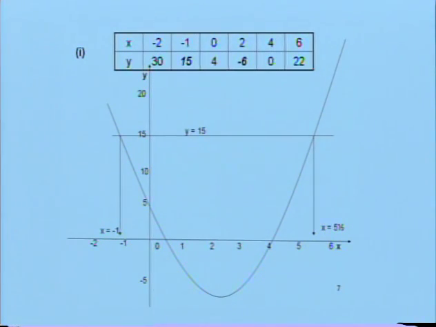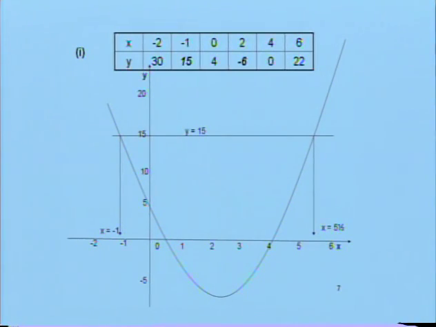The two graphs intersect, and notice the x values at the points of intersection. One x value is on the negative side, that is x equal -1, and one on the right-hand side, x is equal to 5.5.